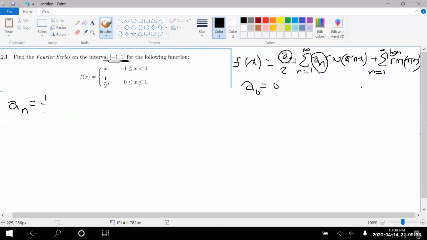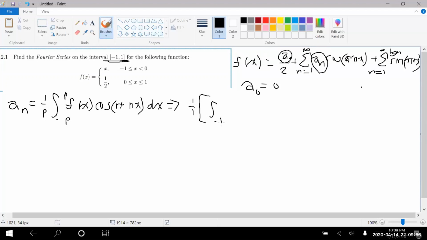Okay, so similarly, it's defined as 1 over p times the integral from negative p to p of f of x, but then times our cosine of n pi x dx. Okay, so for this function, which is still piecewise defined, we're going to write it like this.